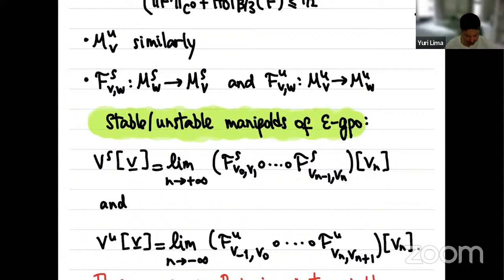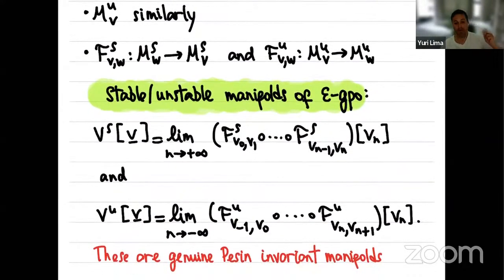And these are genuine invariant manifolds. Of course, they are not invariant manifolds of the center of this chart, but they are invariant manifolds of any of the points they contain. Okay? So the idea here was that with this notion of edge, we can also define invariant manifolds for this loose notion of generalized pseudo orbits.